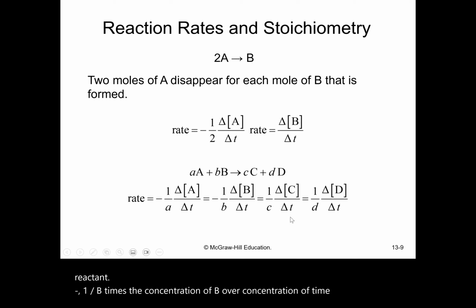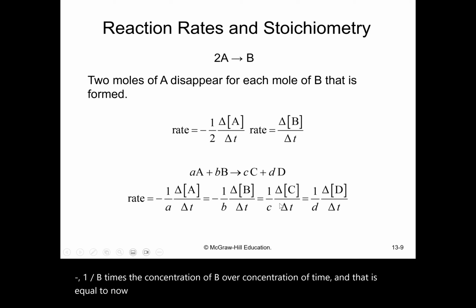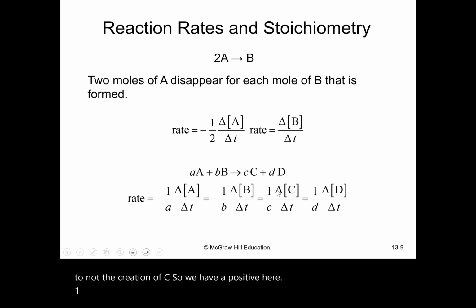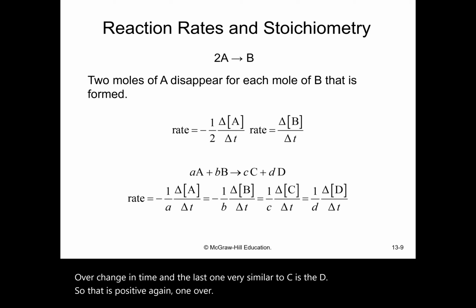And that is equal to now the creation of C. So we have a positive here, 1 over moles of C times the change in concentration over change in time. And the last one, very similar to C, is the D. So that is positive again, 1 over moles of D times change in concentration of D over change in time.